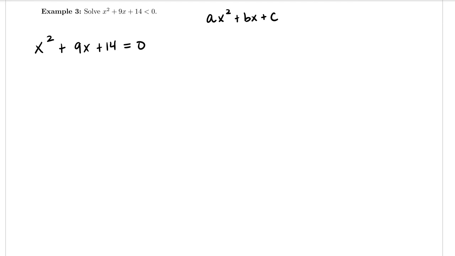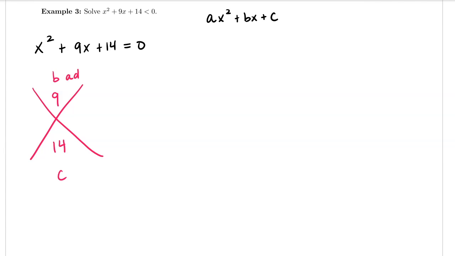And this is a nicely factorable quadratic, and I'm going to use the x method. So I'm going to place my b value on top, which happens to be 9, and then on the bottom, I'm going to put c. And I'm using it this way because our a value or our leading coefficient's 1. So because that's the case, I'm just going to put the c value on the bottom, which is 14.